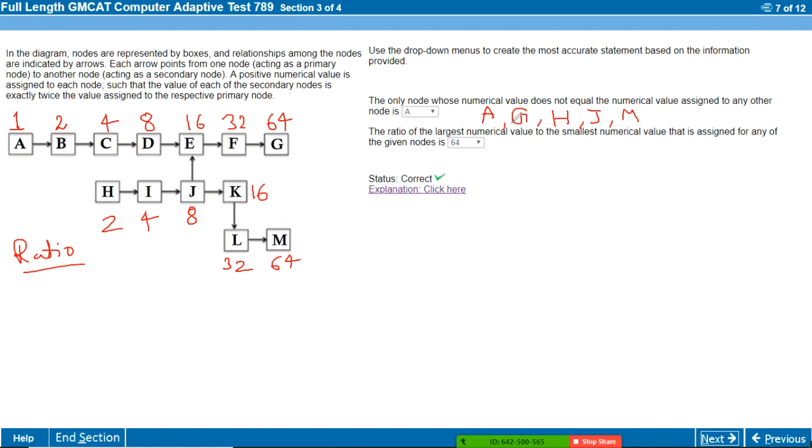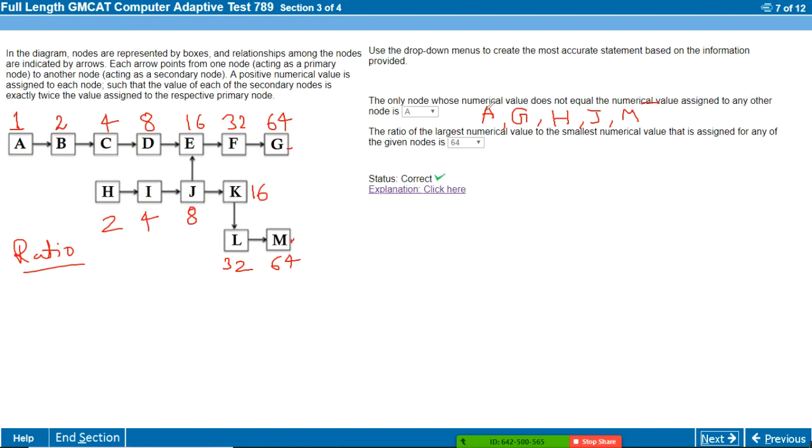However, for something like G, let's say 64, G and M are repeated. So that is the concept of the problem, that of the given options, which is the particular node whose value is never repeated in any other node.